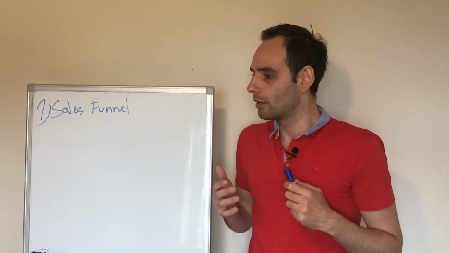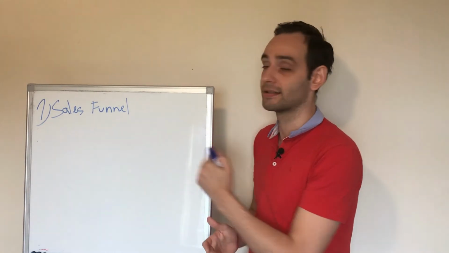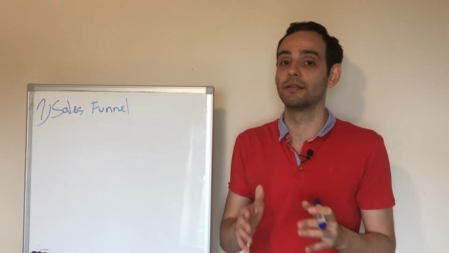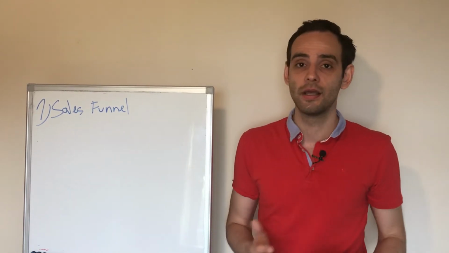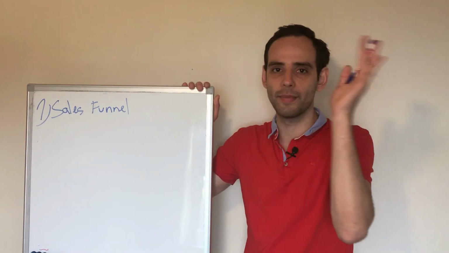Now, the biggest asset of a sales funnel is that you control the activities the viewer is doing on your pages, or pretty much in your funnel. If you compare it to a regular website, there are tons of menus.